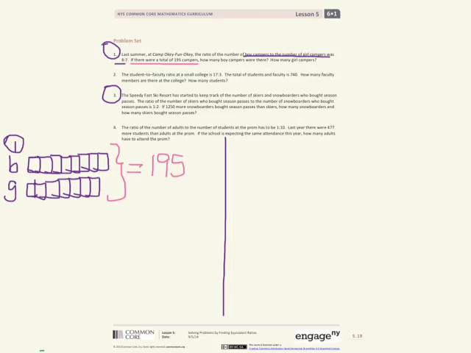Okay, so I want to know how many boy campers there were and how many girl campers. Well, how many total boxes do I have? I can count 8 plus 7, and the total number of boxes equals 15.